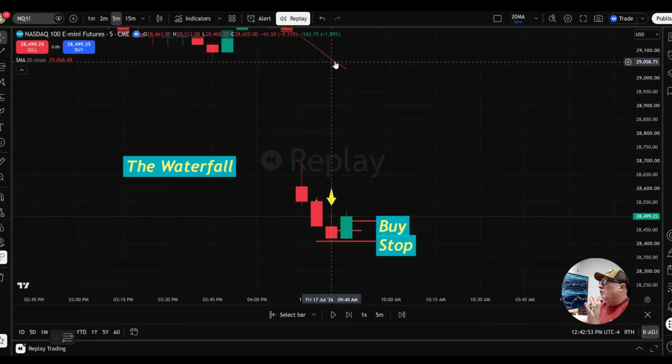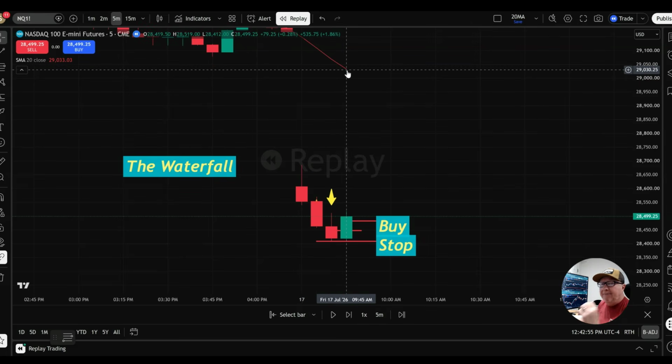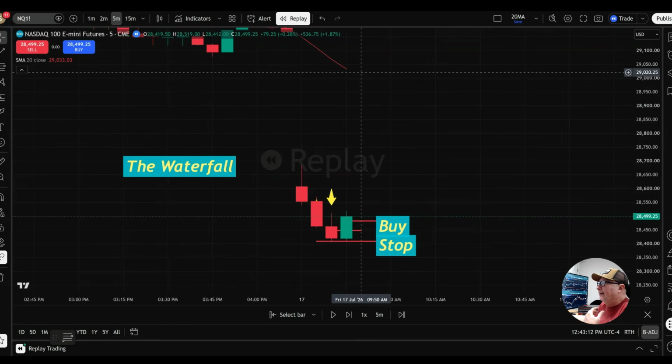I'm using that same simple moving average on the 5-minute chart as my first target for this trade. When I switch to that 5-minute chart, I'm looking at the 20, seeing where it is in relation to my trade. I'm long at this point.